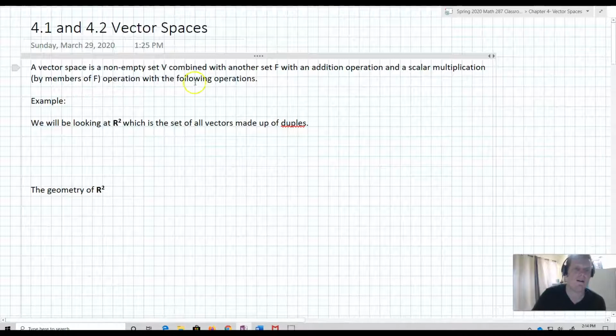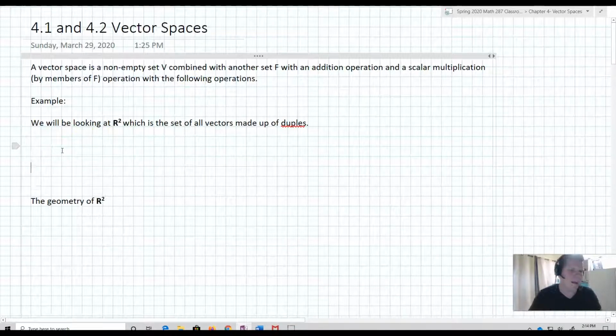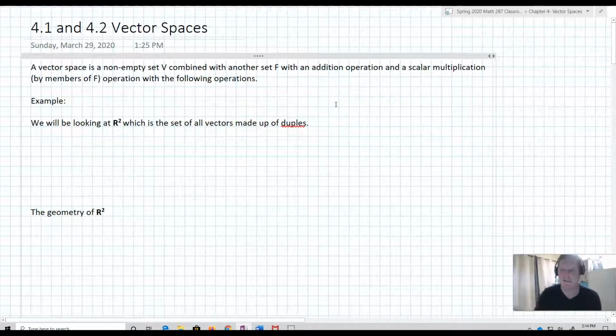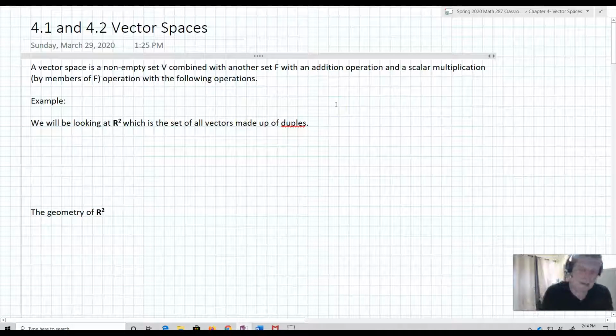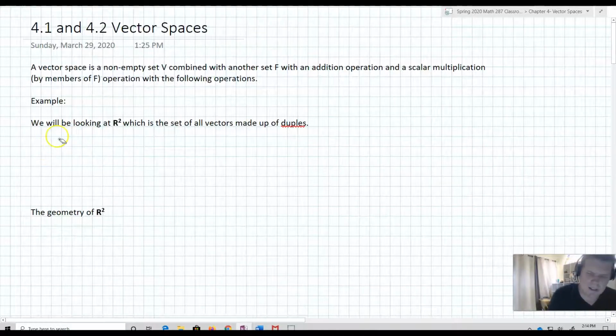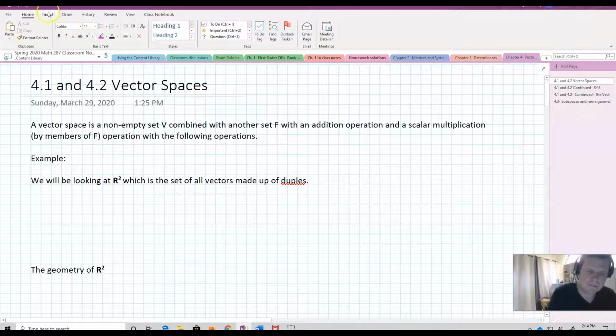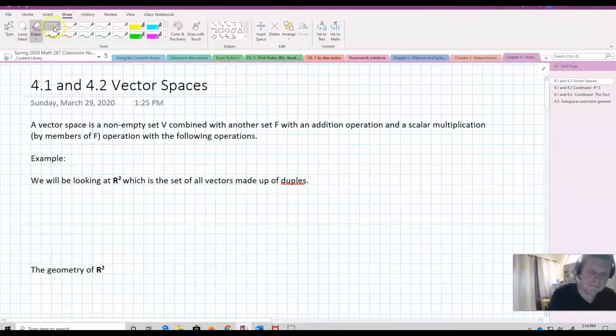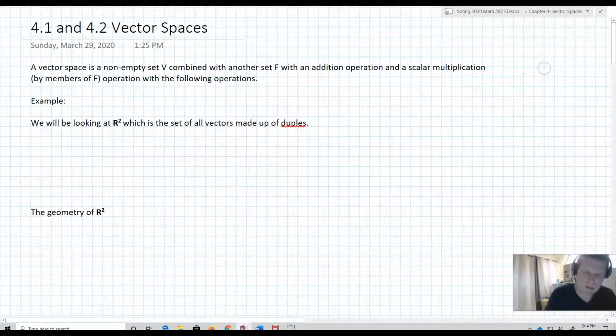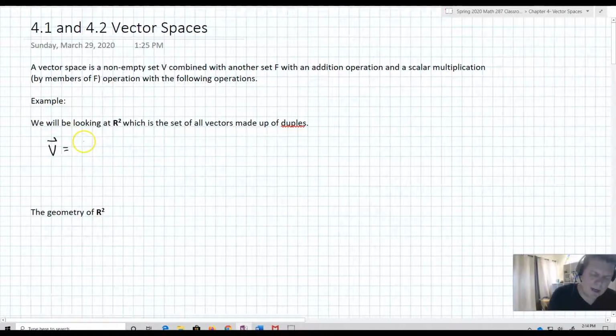So let's first talk about R2. R2 is the set of all vectors made of what we call duples. Okay, and so let's say, for example, I have a vector V. And the vector V is in R2 if it is made up of, and we'll call it little v1 and little v2, okay?